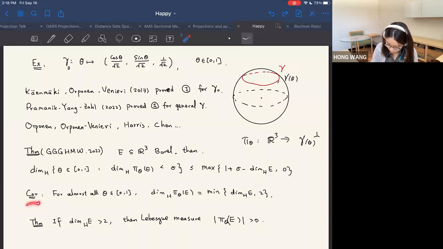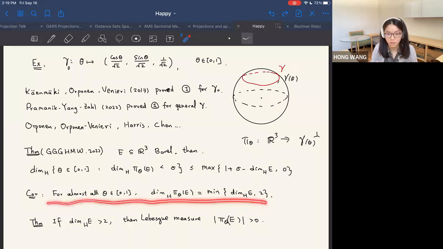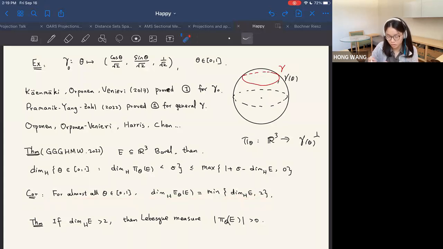As a corollary, for almost all theta, the Hausdorff dimension of pi theta E equals the minimum of the Hausdorff dimension of E and 2. So this is an analog of Marstrand's projection theorem for the set of directions in a non-degenerate curve.